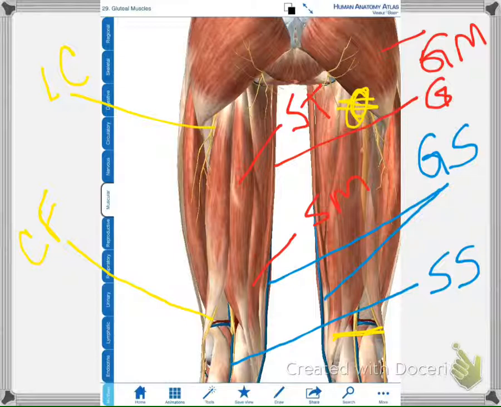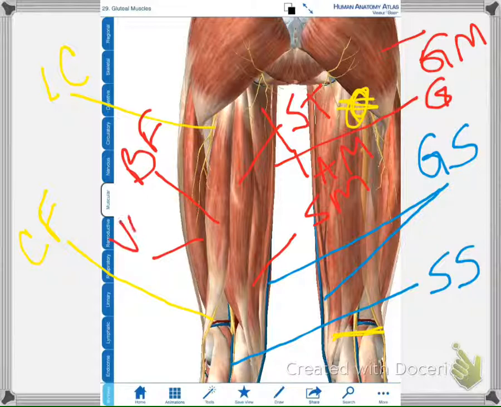And between the gracilis and semimembranosus is our adductor magnus muscle, which is laying kind of in this area, AM. Okay, here is our biceps femoris, here is our vastus lateralis, and up here in this area would be our tensor fascia lata.